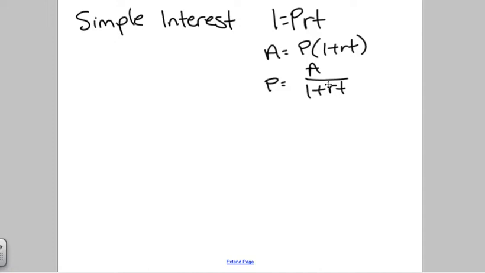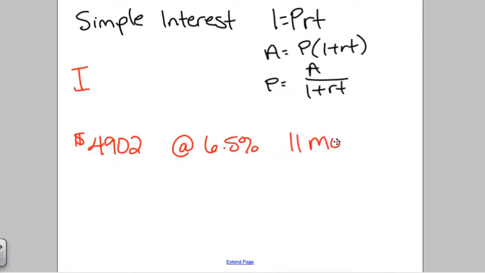All right, so now what if I have a problem that says find the interest, so I, for $4902 at 6.5% interest rate for 11 months.